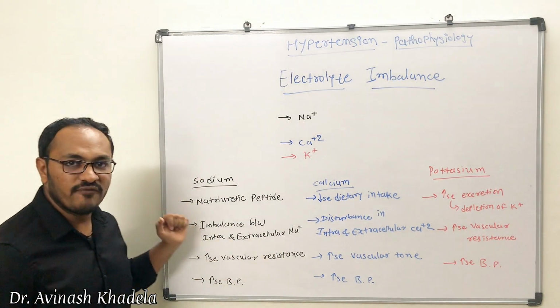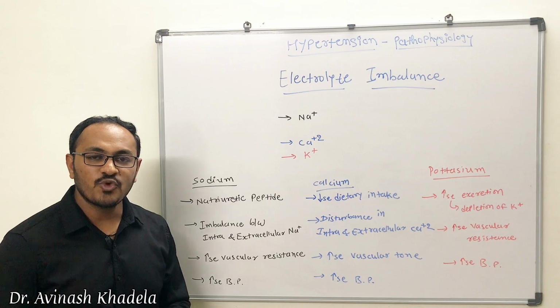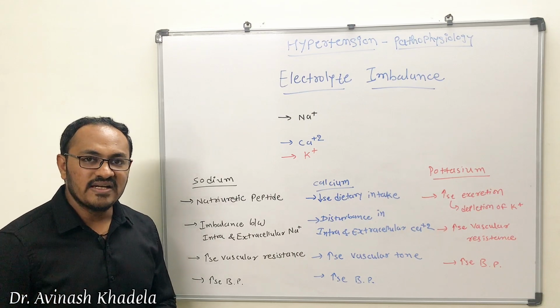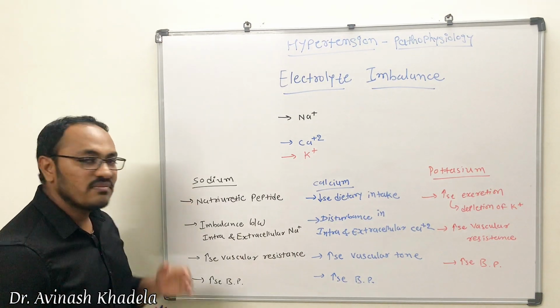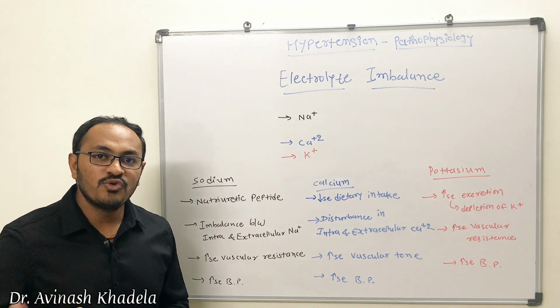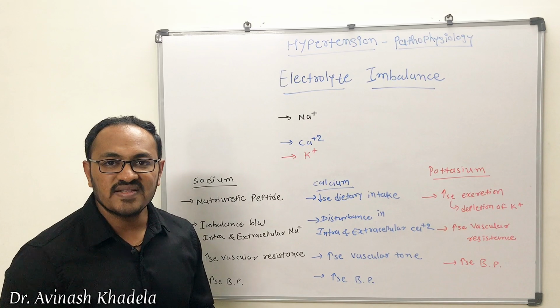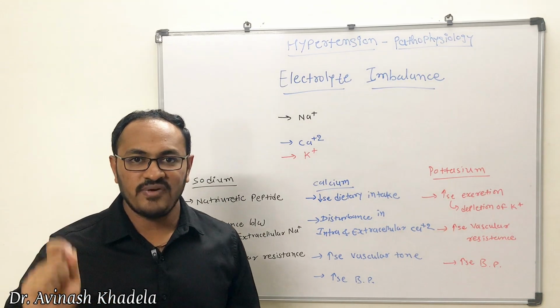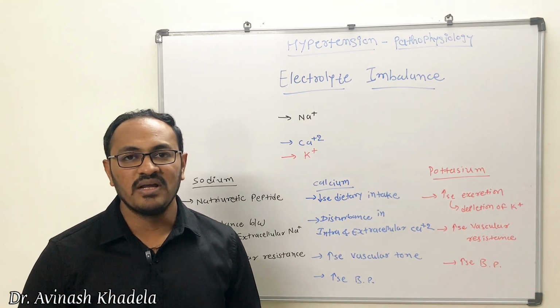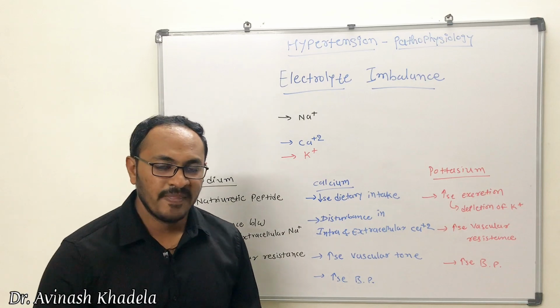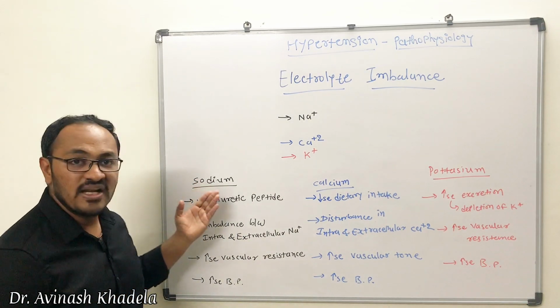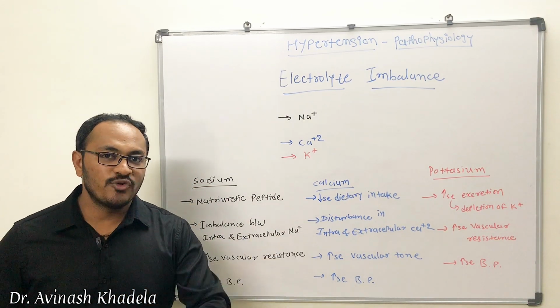Let's discuss sodium first. Many scientists have discovered that sodium elevation inside the human body is responsible for an increase in vascular resistance, which is total peripheral resistance, and for a rise in blood pressure. How does the sodium level increase inside the human body?